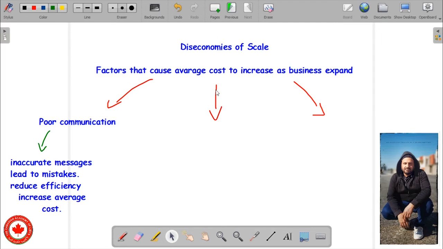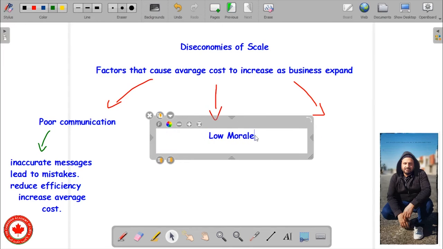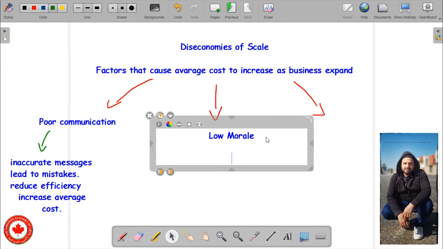Besides that, guys, the second diseconomy of scale. Sorry, the telephone is ringing. The second diseconomy of scale is low morale, talking about the idea of workers becoming less motivated.